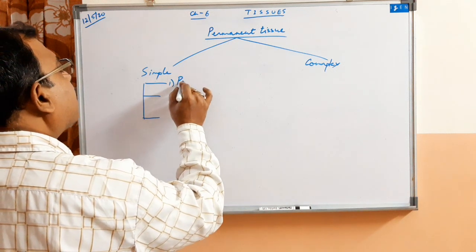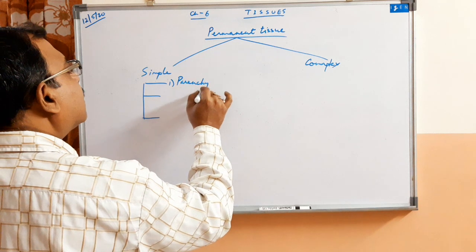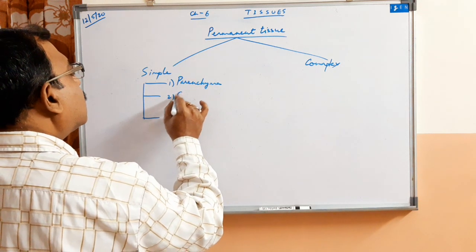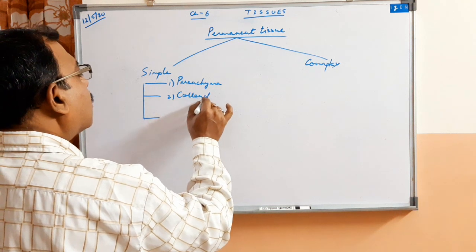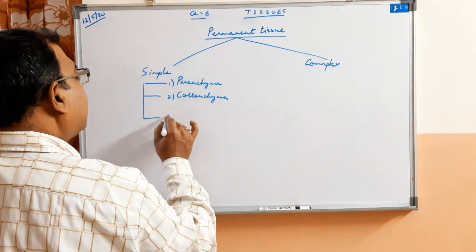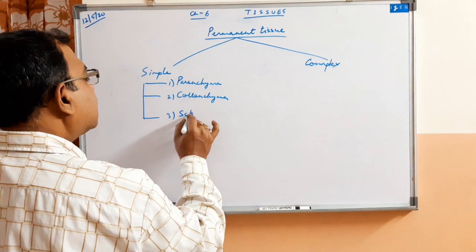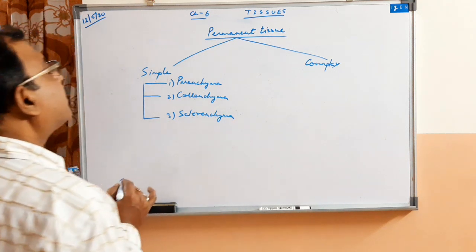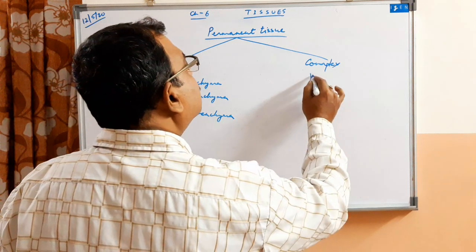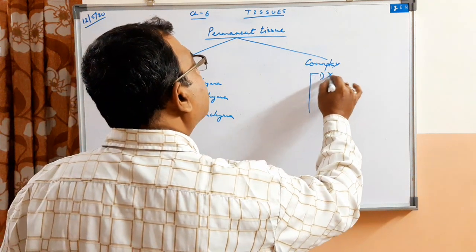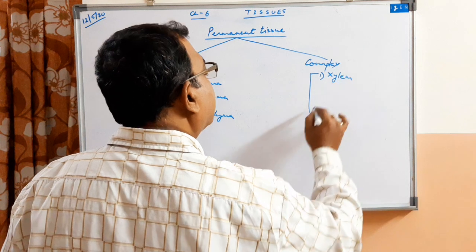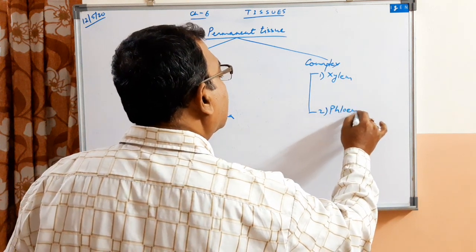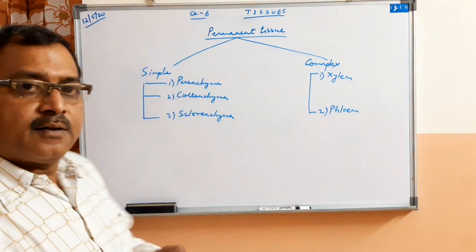First is parenchyma, second is collenchyma, and third is sclerenchyma. Whereas complex is of two types. First is called xylem and second is called phloem. Right, children?